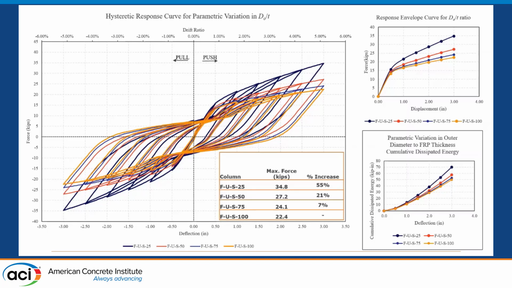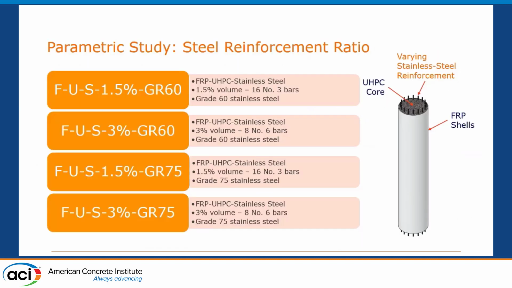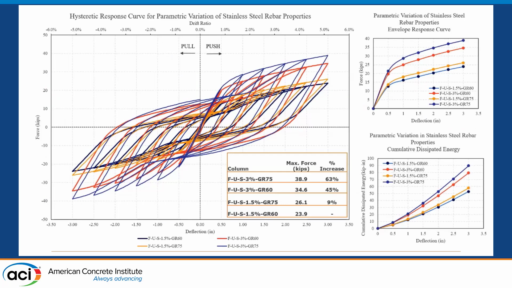For example, it leads to a 55% increase from the larger to the second. The second parametric study was carried out by varying the reinforcement ratio, using only stainless steel materials, 1.5% of grade 60 and 3% of grade 75, in 4 cases. And obviously, you see that a higher reinforcement ratio will definitely lead to a higher capacity.